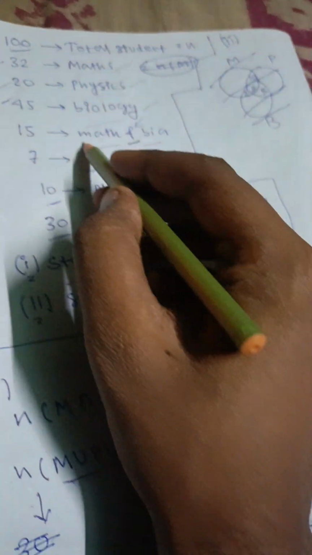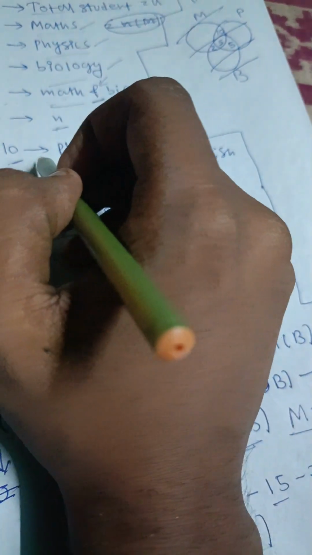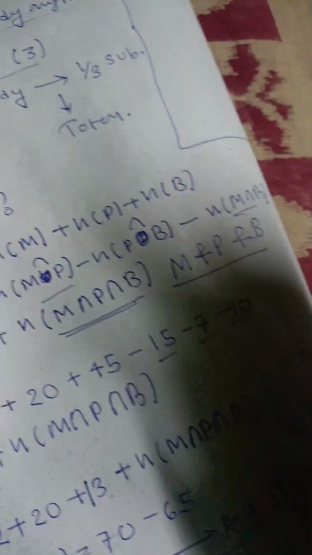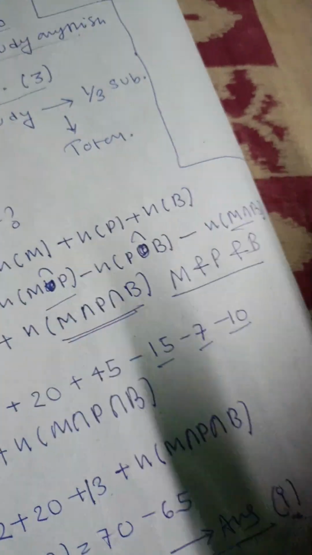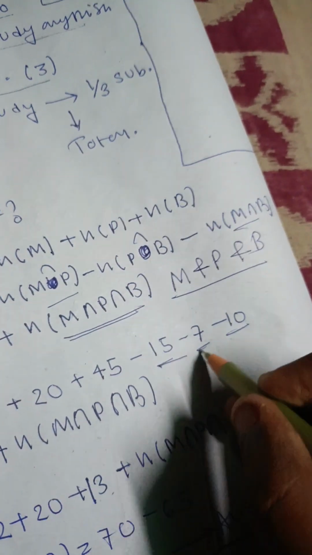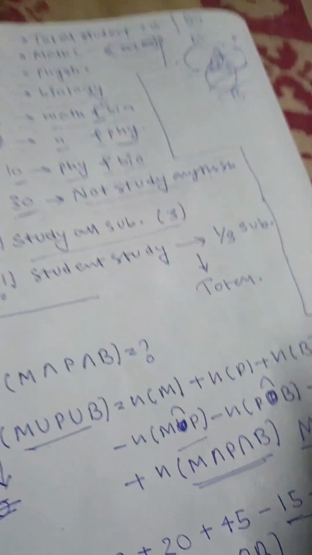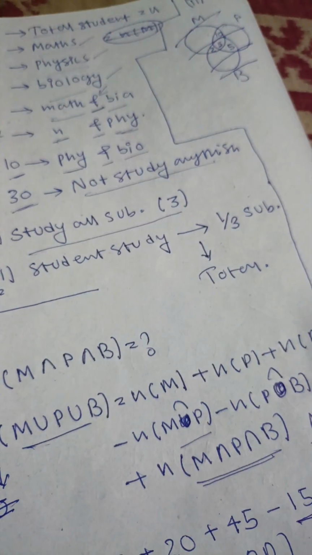I have changed the order, but you can write it in any way, because the answer will be the same. So 15, 7 and 10.